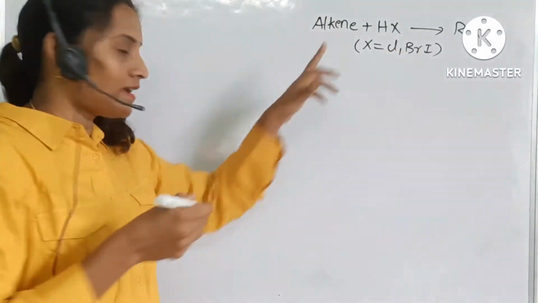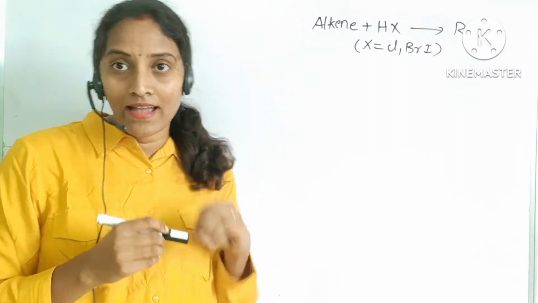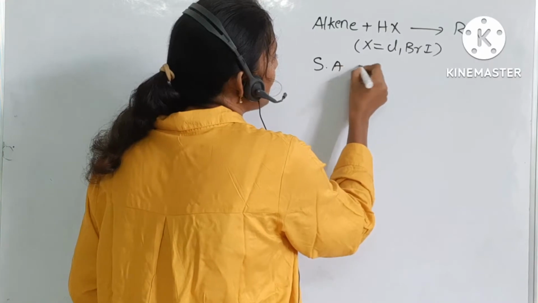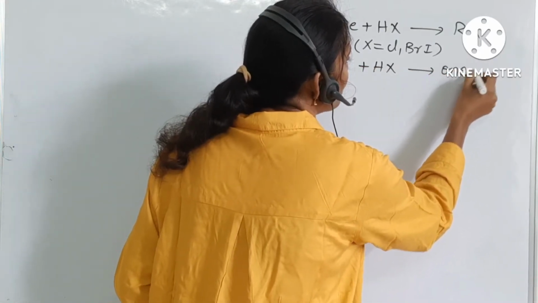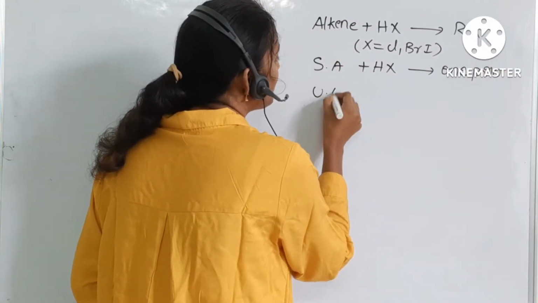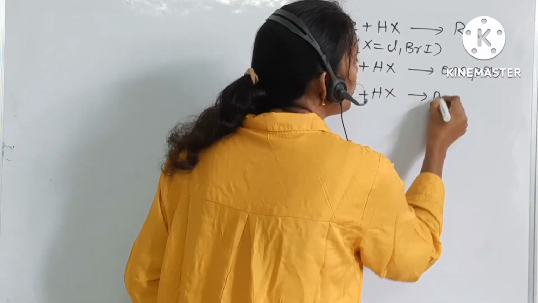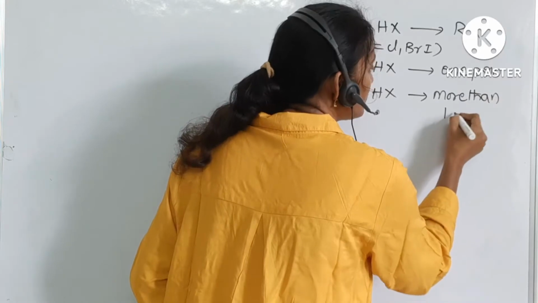If a symmetrical alkene reacts with hydrogen halide, it gives you only one product. If an unsymmetrical alkene reacts with hydrogen halide, it gives you more than one product.